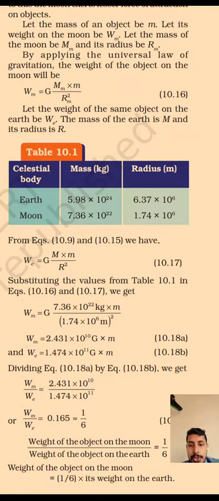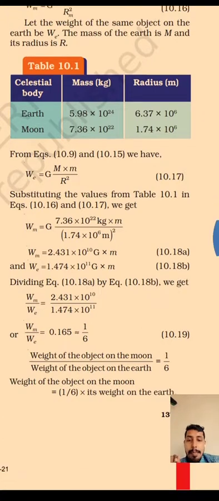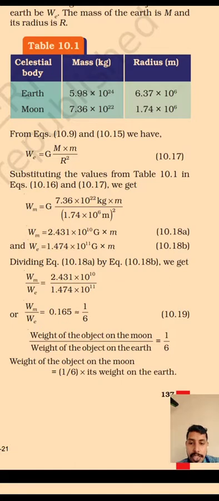If you do the same calculation for the earth, that is WE, then you will get 1.47 into 10 raised to 11 G into M. Then dividing these equations, you will get WM by WE, weight of moon divided by weight of earth, is equal to 0.165, approximately equal to 1 by 6. That is, the weight of the object on the moon is 1 by 6 into the weight on the earth.